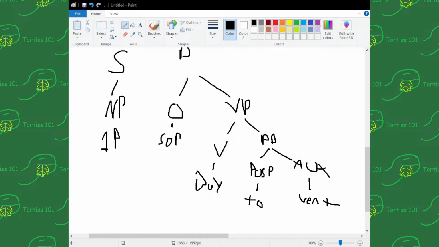Frickin' okay. Positional phrase. Postpositional phrase.